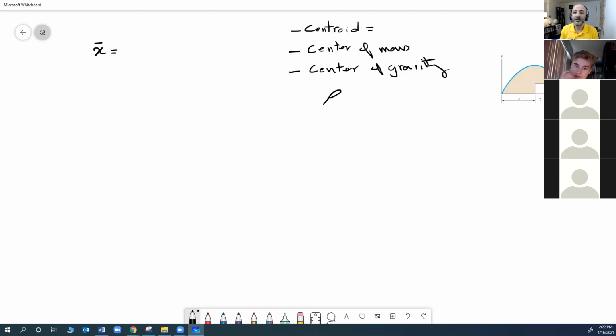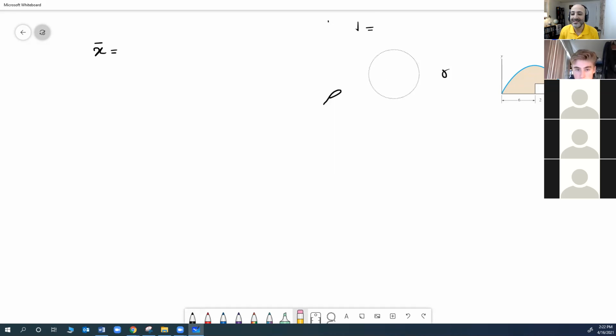Centroid, center of mass, center of volume, center of length, all of those that I covered in lectures could be different depending on the part and depending on the body that we're doing. But centroid is not center of mass. And I remember when I asked this before, people still said center of mass.